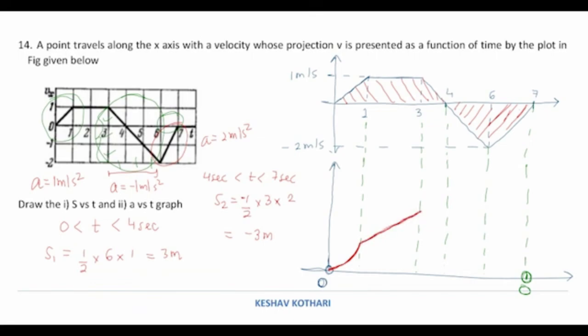Now the velocity is decreasing and acceleration is negative, so the particle is going to follow a graph like this, and then the graph is going to come down like this till t equals 6 seconds.